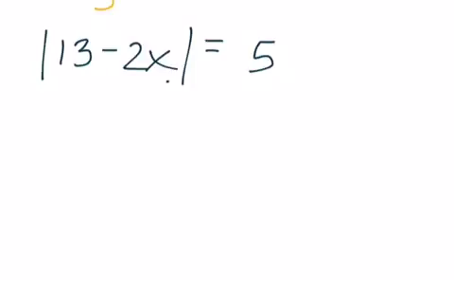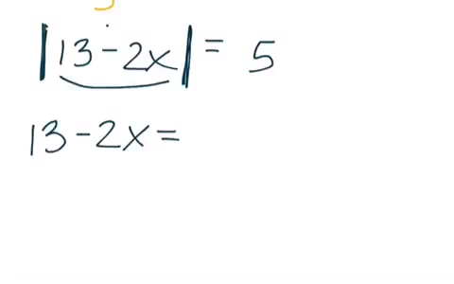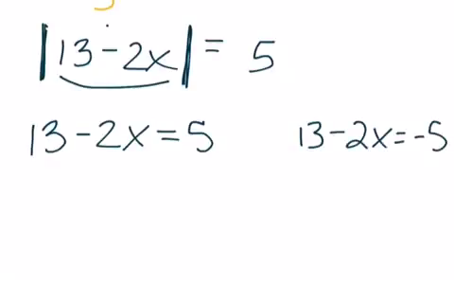So I know that the stuff, whatever I plug in for x, if that stuff gives me 5 or negative 5, the absolute value of both of those gives me a positive 5. So I'm going to split this up into 13 minus 2x equals 5, and 13 minus 2x is equal to negative 5. So both of them have the same solving process.